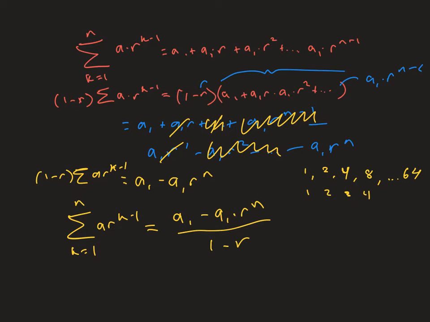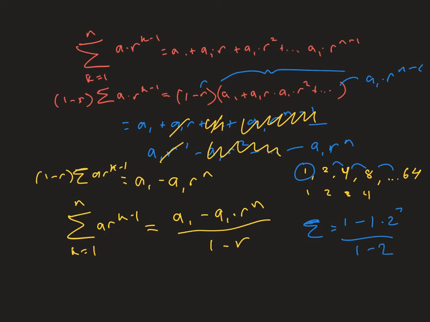So when we plug into our big sum formula, we're going to get the big sum. The sigma means sum, remember. A sub 1 is just the first term. That's 1. 1 minus 1 times 2, because our ratio is 2, remember, we multiply by 2, to the, remember I said 7, divided by 1 minus 2.